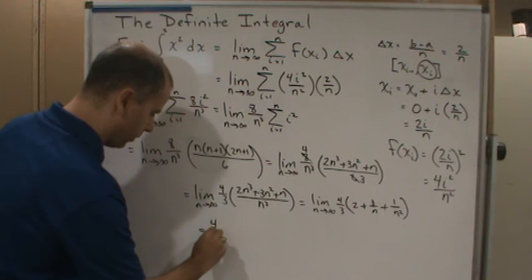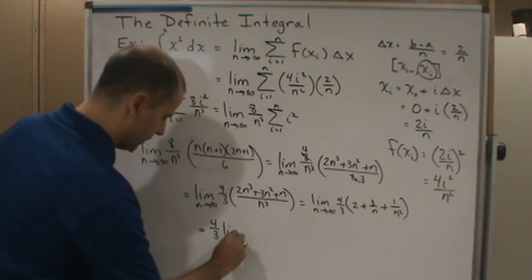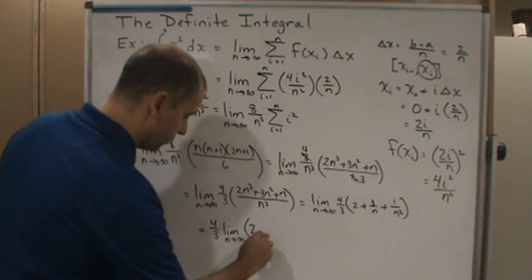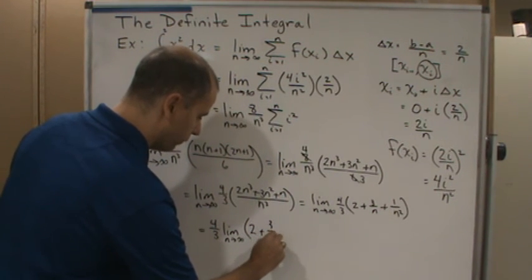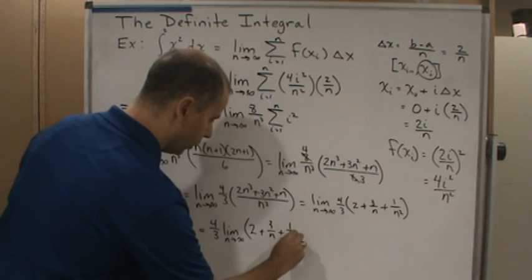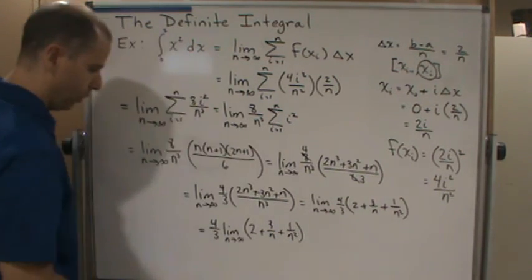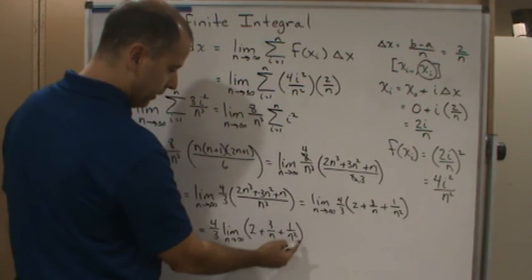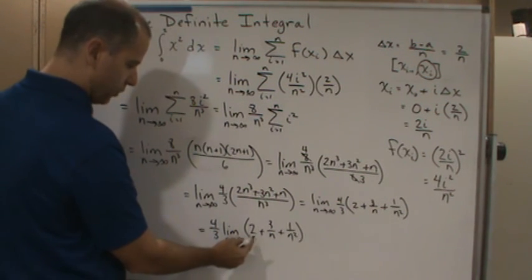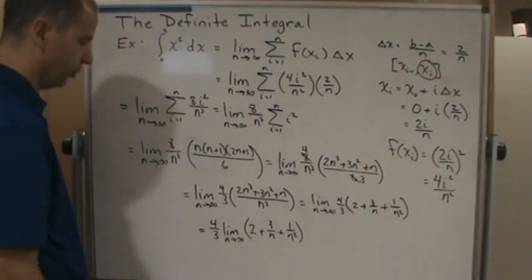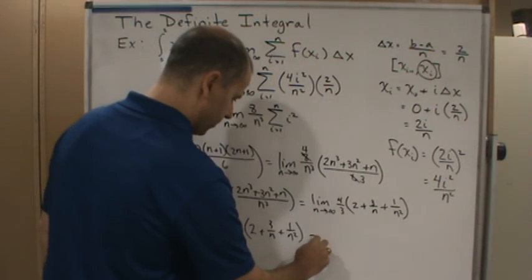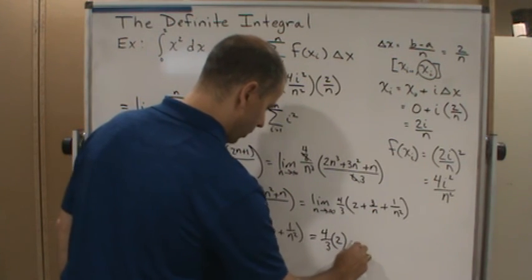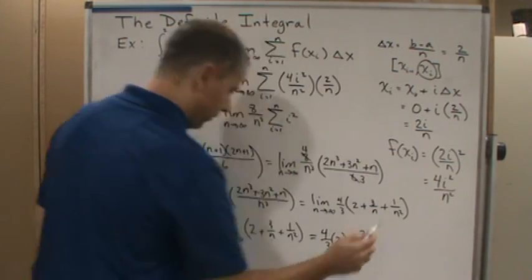So this is going to be 4/3 times the limit as n approaches infinity of 2 plus 3 over n plus 1 over n squared. Now notice, as n goes to infinity, this fraction is going to 0, this fraction is going to 0, so guess what? You're just going to end up with 2. And so the answer is going to be 4/3 times 2, or 8/3.